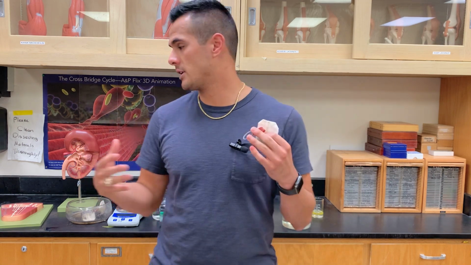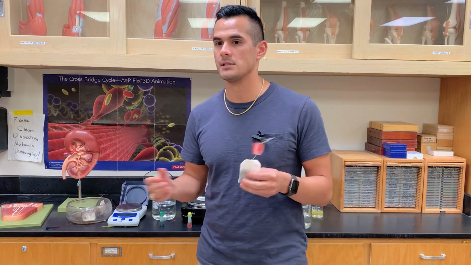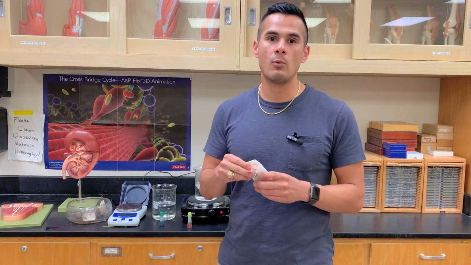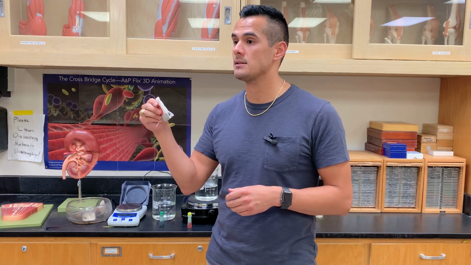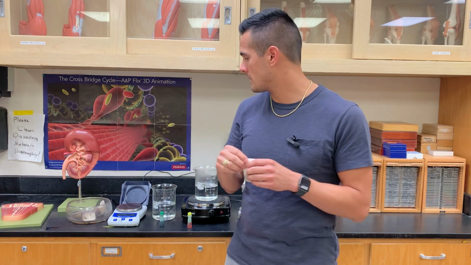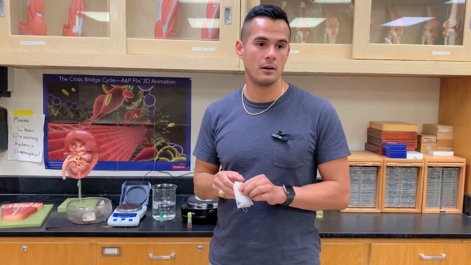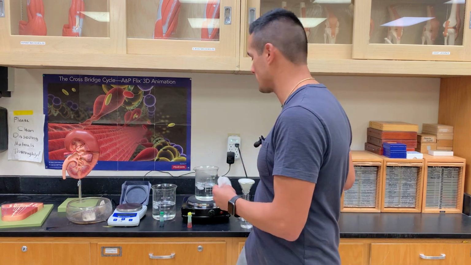I've already done this experiment, and what I have here is a scale. What I want to show you is the difference in weight between the dry tea bag versus the ones that I've already dunked in here.